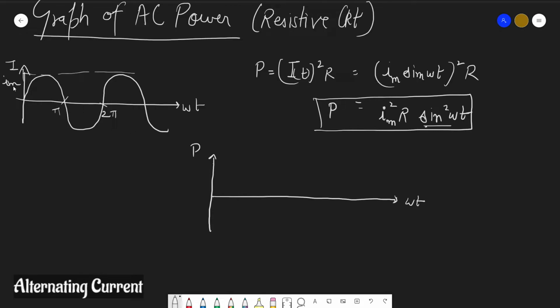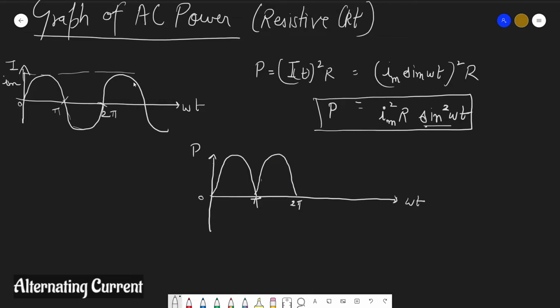The maximum value of the sine function is 1, and 1 square is 1, so the maximum value will be Im square R. From 0 to pi it is positive, and a positive square is positive. From pi to 2 pi, this is important, the current graph is negative here, but because this is power, the graph is squared, so it becomes positive again. The graph will be in the positive direction only.